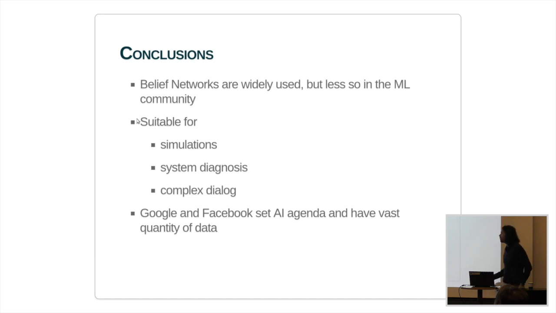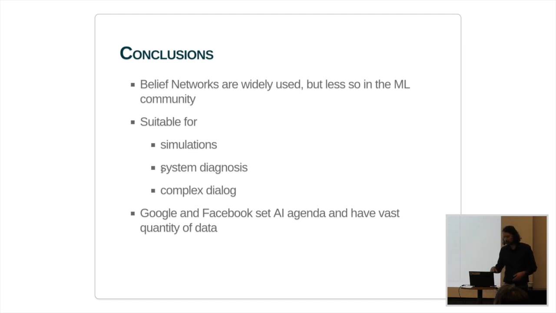So these would be suitable for simulations, since you get uncertainty out and uncertainty in. They are suitable for all types of system diagnosis. For nuclear power plants, as I mentioned, for something large and technical like your own software system that runs in deployment, for people, for cars.